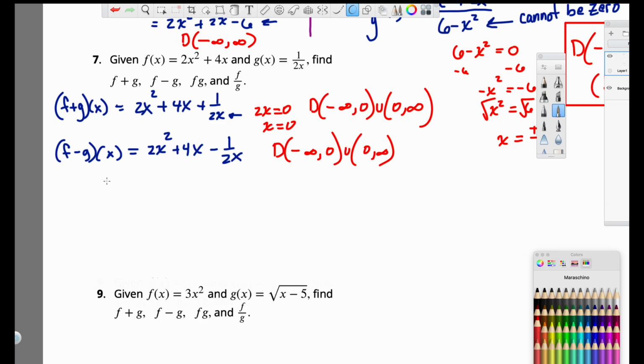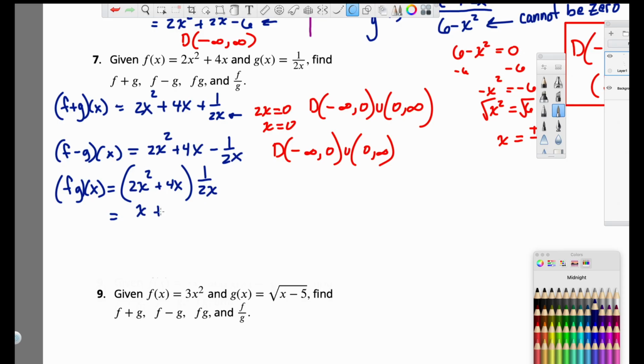Okay, what if we multiply? f times g of x. So this will simplify. If I multiply through 1 over 2x, it'll cancel a 2 and an x there.